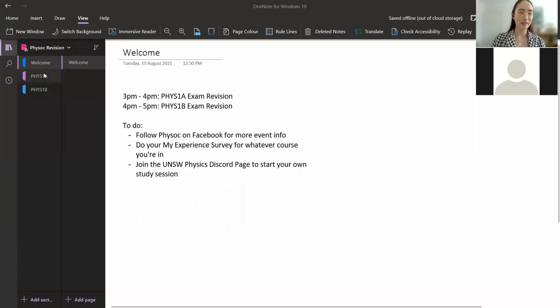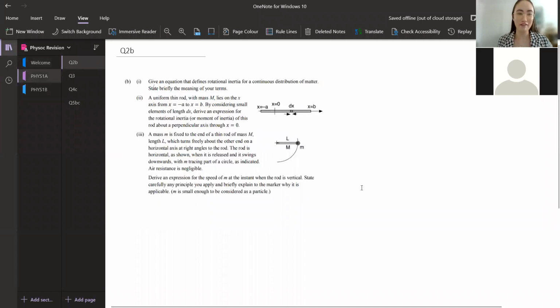Okay, so for PHYS1A, I've selected a few questions from the term 1 2019 paper, I believe. That is available to you on your course page. I think near the top, there's a tab that says past papers. This is from when exams were in person, so they're probably going to be formatted a little bit differently to yours, but still the same concepts.